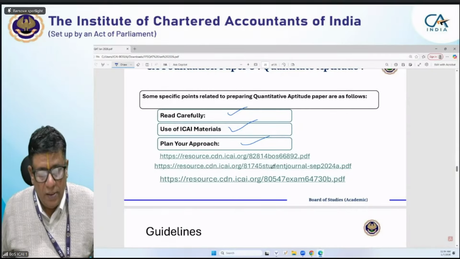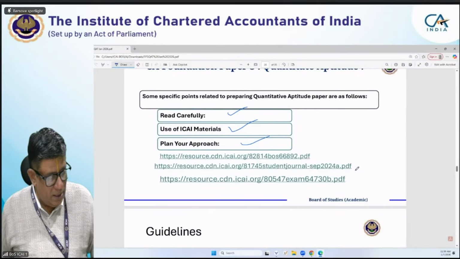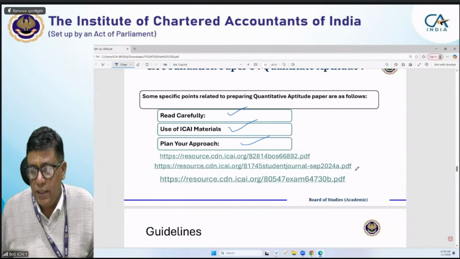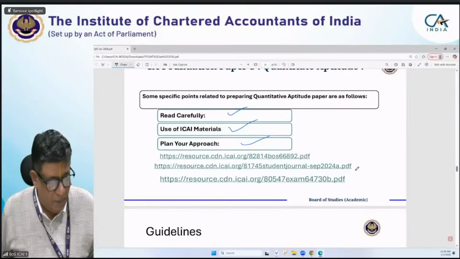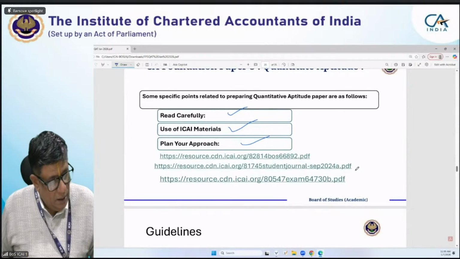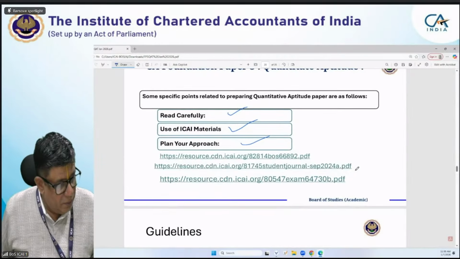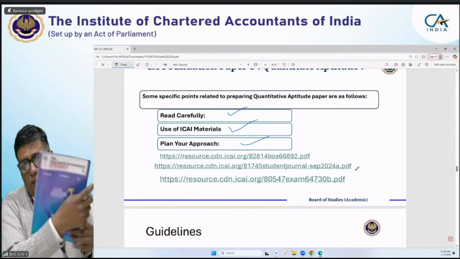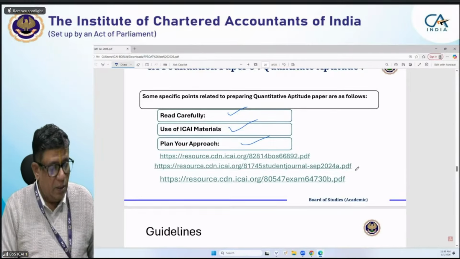Apart from that, there is also the student journal. The student journal is very useful, with subject-specific content, and it comes out every month. If you see the May 2024 students journal, it has student examination tips.